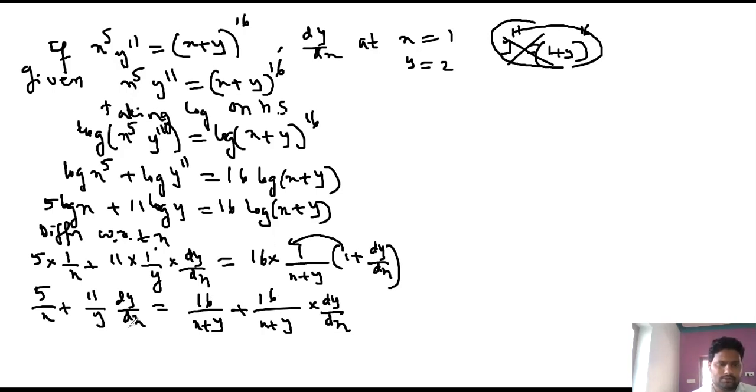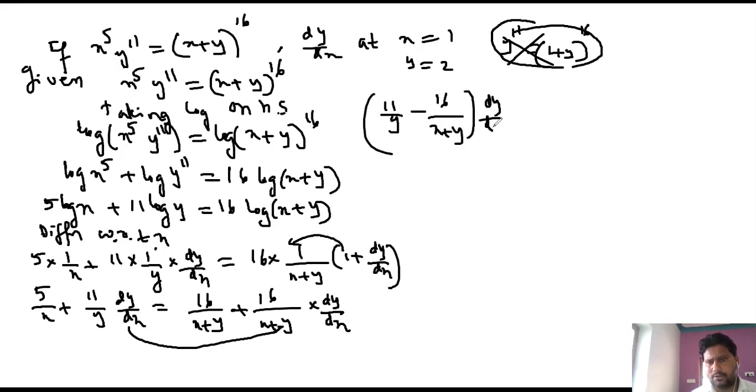So here dy by dx is there 2 times. Take it to the LHS. That is 11 by y minus 16 by (x plus y). This becomes minus 16 by (x plus y). In that, dy by dx is common, is equal to what? 16 by (x plus y). The 5 by x on the LHS, take it to the RHS, it is minus 5 by x. So here now I take the LCM.